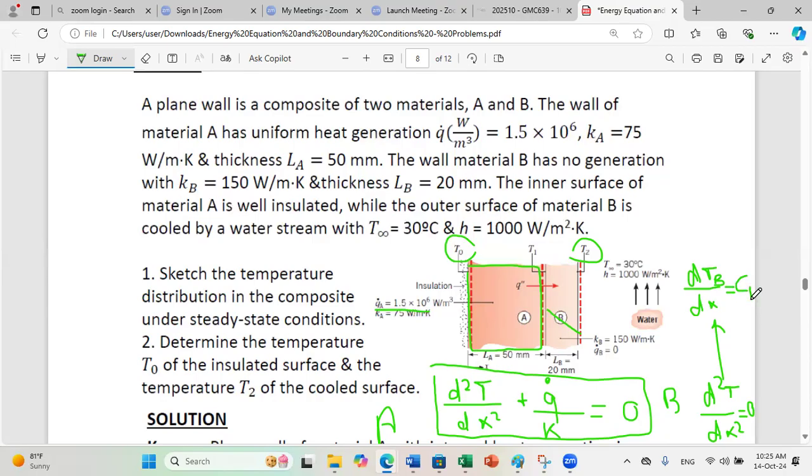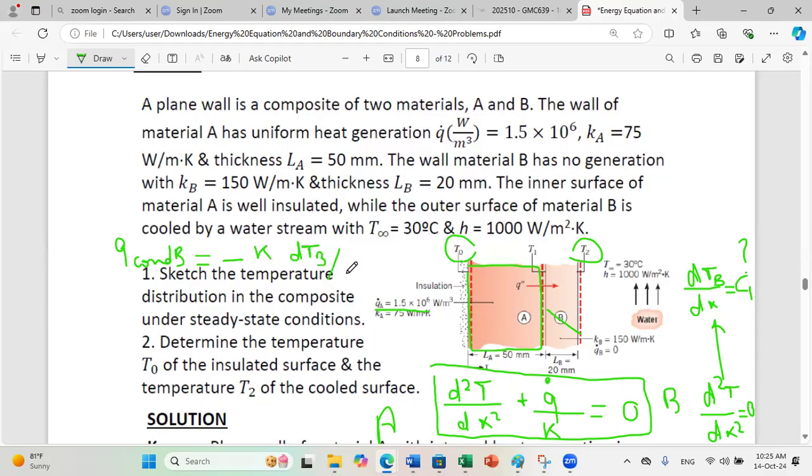Okay? Now, how to determine C1? To determine C1, we need to find the conduction flux through material B. And we know by definition that Q conduction in material B is equal to minus K times dTB by dx.